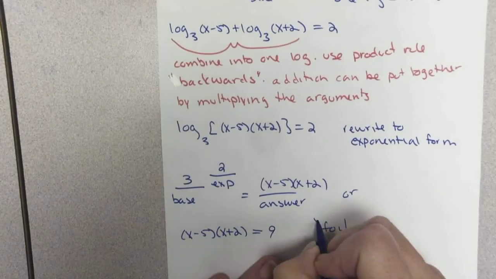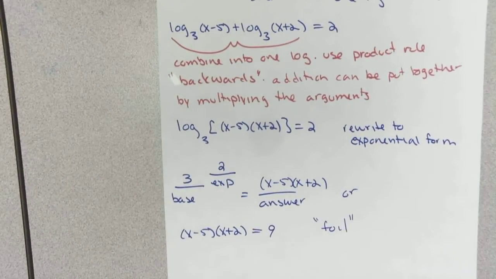And I think I will FOIL that out. We cannot split that up. It's not equal to 0. You can only split up factored things when it's equal to 0.